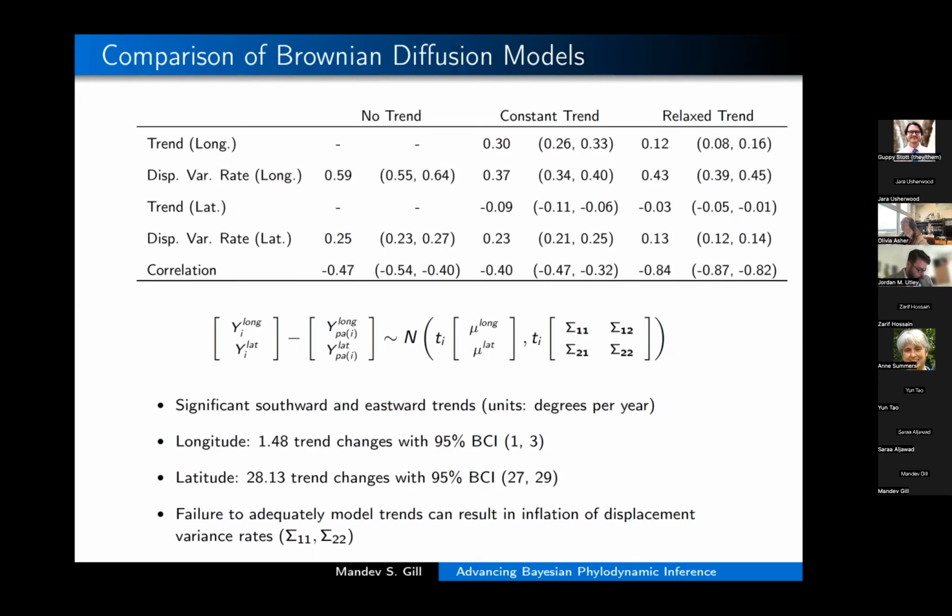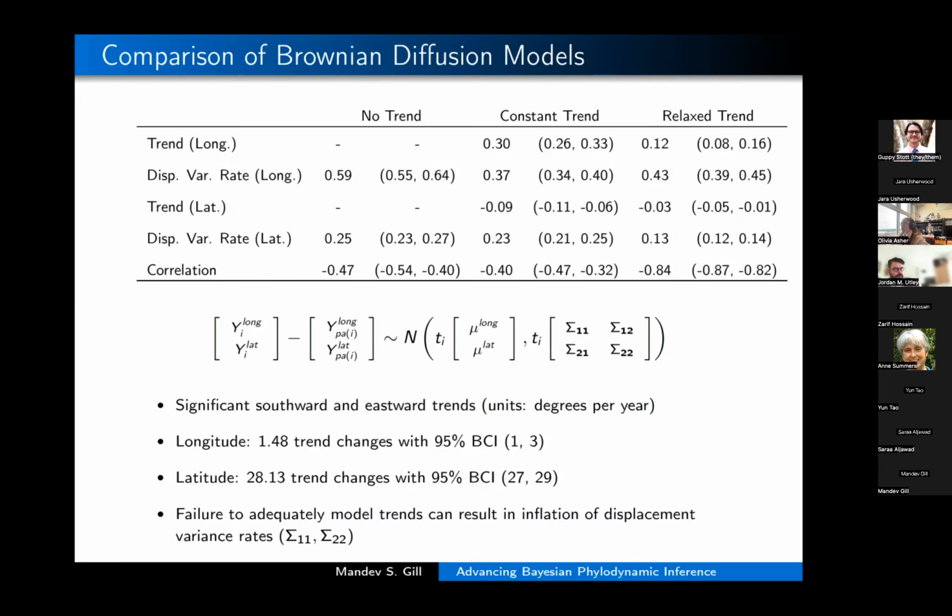Okay, so let's consider the displacement variance rates, which correspond to sigma 11 and sigma 22 in the displacement distribution in the center of the slide.